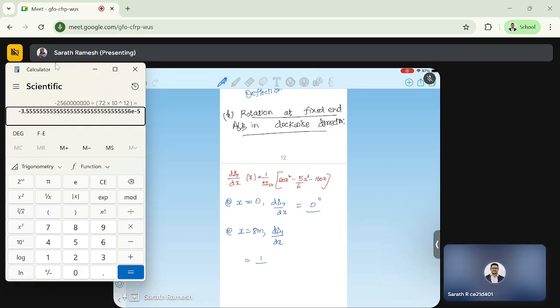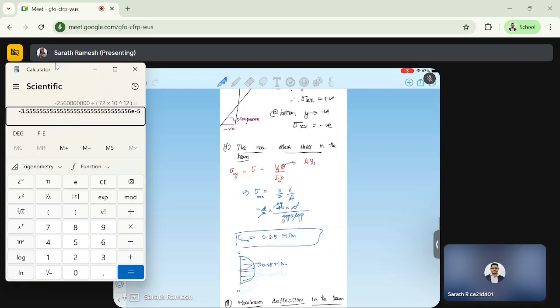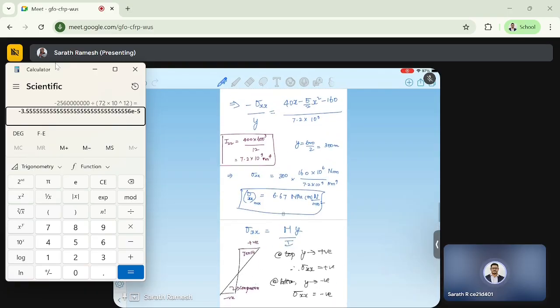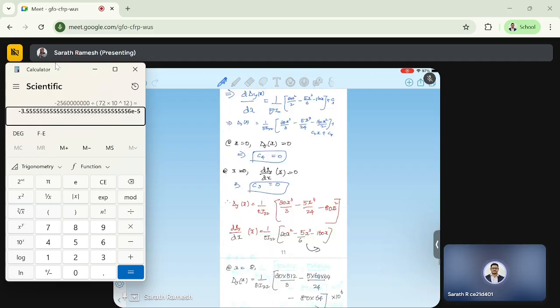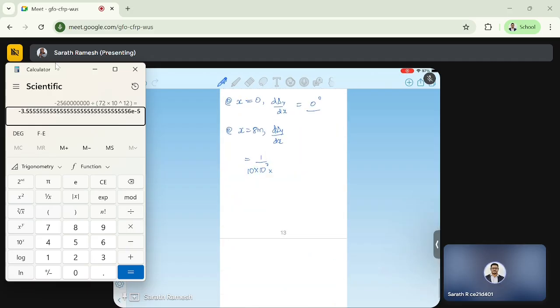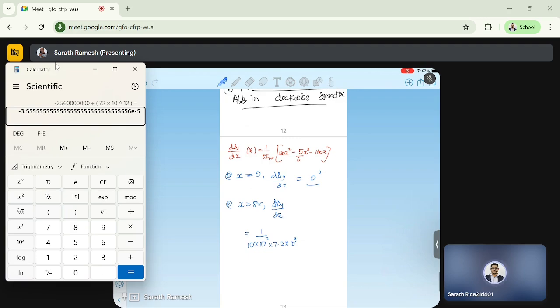1 by EI, which is 10 into 10 power 3 Newton per mm square, and this I was 7.2 into 10 power 9 mm to the power 4, times 20.